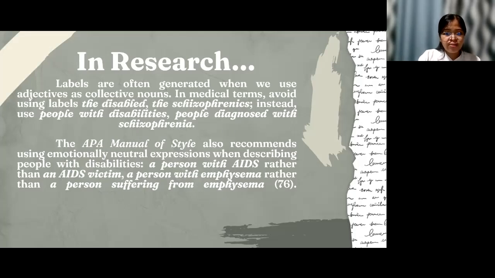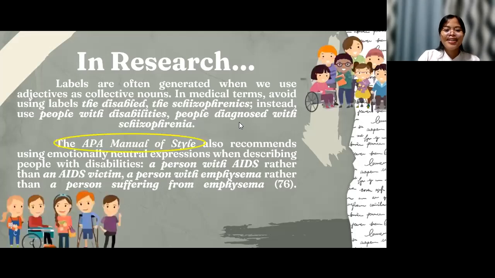So remember, we can use person with AIDS or person with emphysema, and also people diagnosed with schizophrenia or people with disabilities. You might encounter students or classmates with special needs. Of course, you have to consider the following.